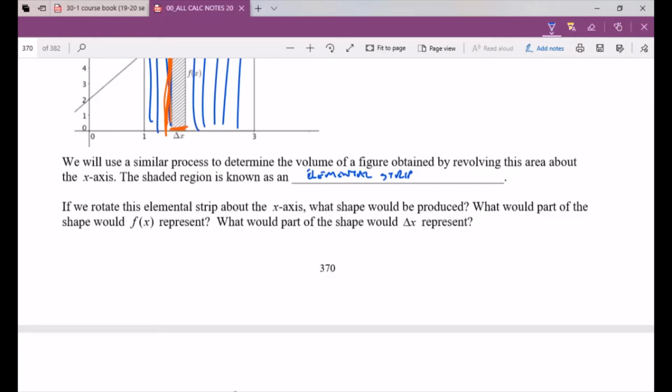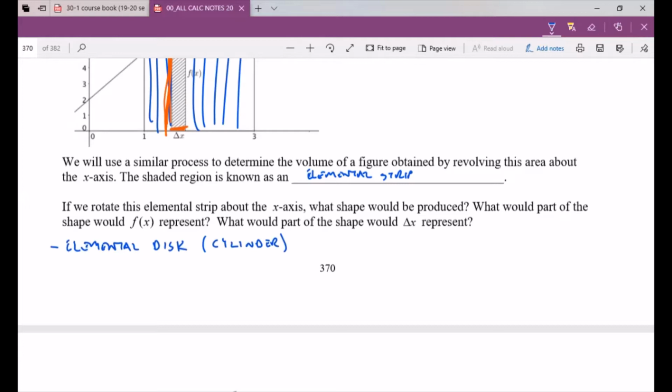The shape that we produce when we spin it around is called an elemental disk. We're also going to refer to it as a cylinder, with varying thicknesses to it.